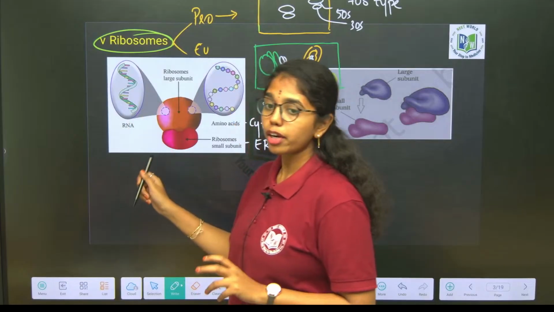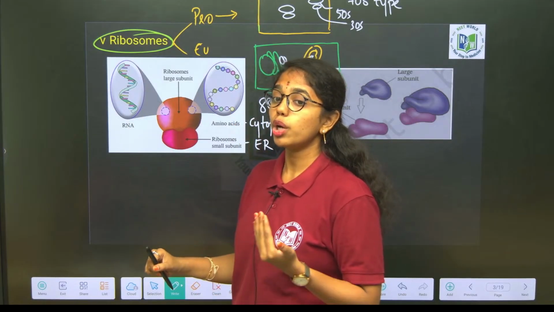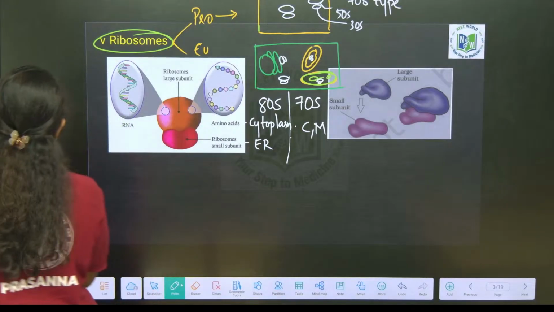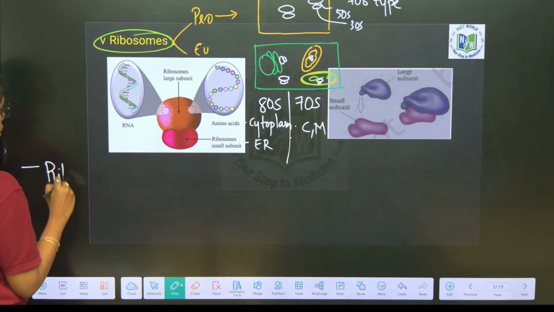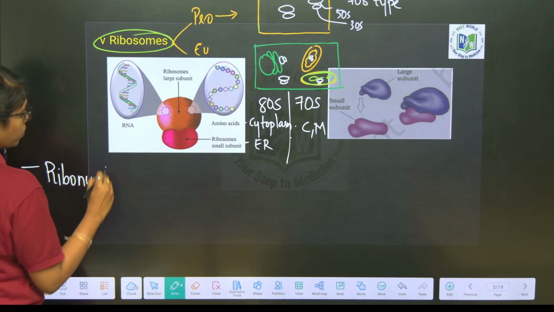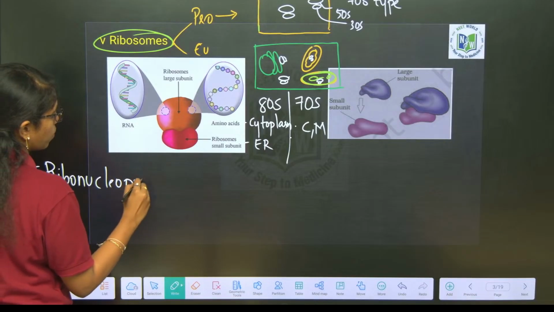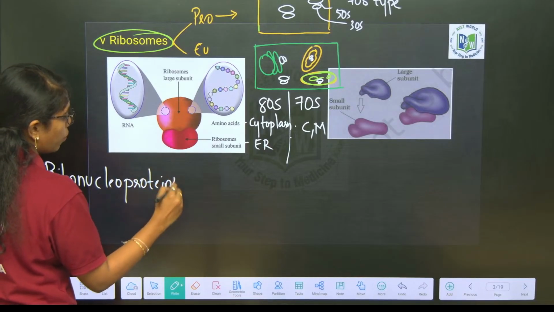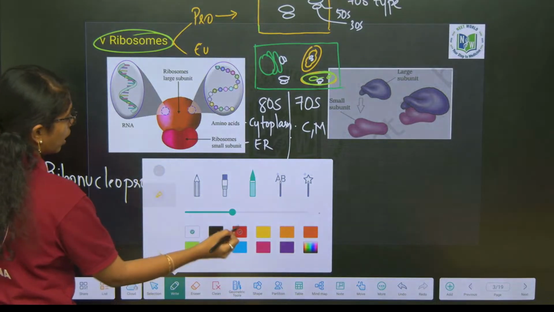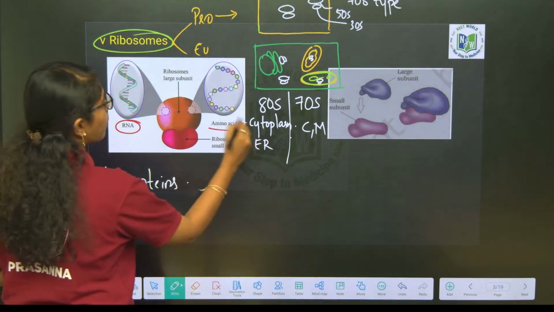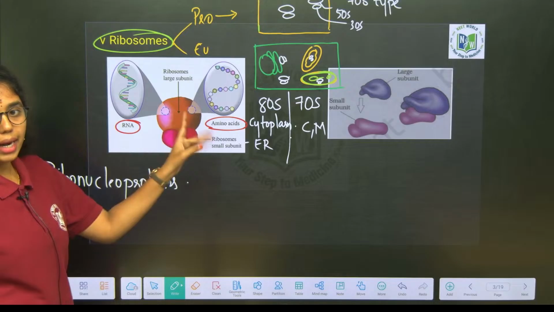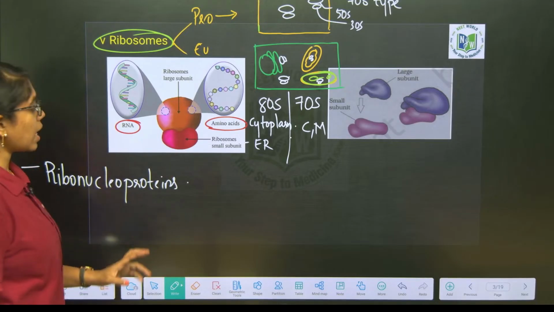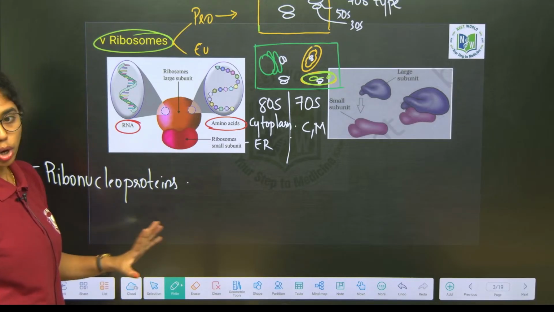Ribosomes are called ribonucleoproteins. What are they called? Ribonucleoproteins, wherein it has both RNA and amino acids. Both RNA and amino acids are present. These are called ribonucleoproteins.